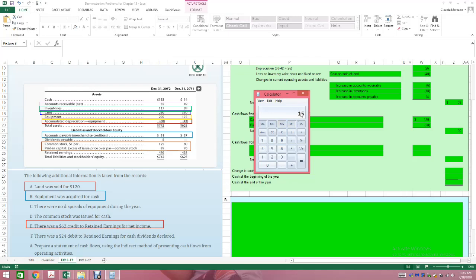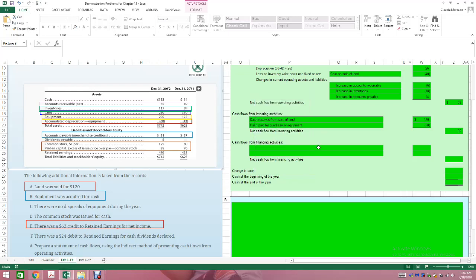If we add the $45 increase from the common stock, from 80 to 125, we add the $15 increase from 70 to 85, we can figure out that the amount of common stock issued for cash was $60.